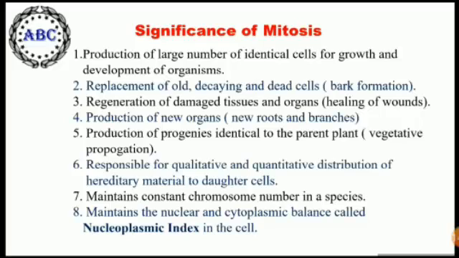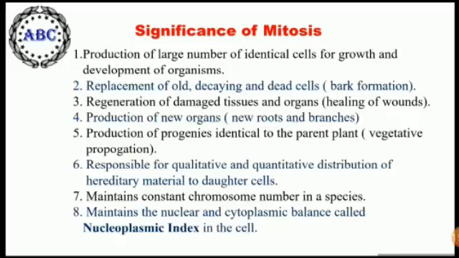This is the significance of mitosis. It is very important in living organisms: production of a large number of identical cells for growth and development of the organism takes place due to mitosis. Replacement of old, decaying and dead cells, such as bark formation, takes place.